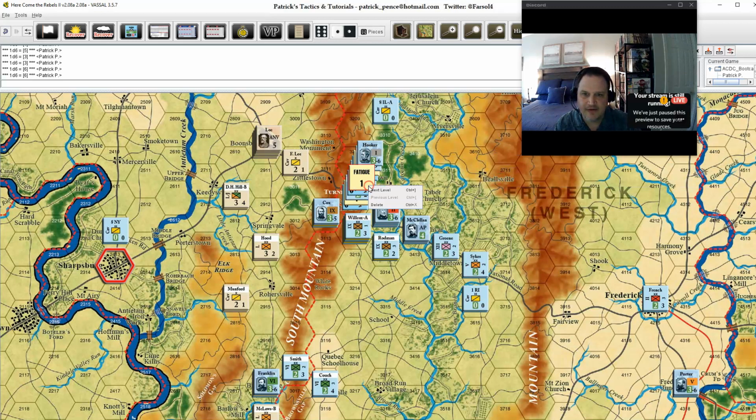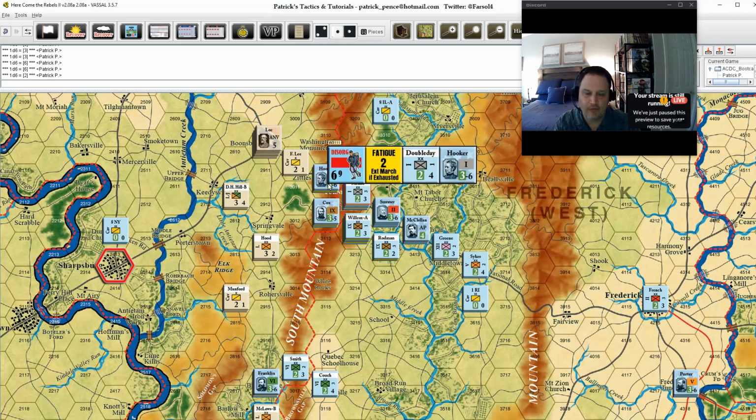So he's going to activate Doubleday for a march, sends him to fatigue level 2, and gives him a die roll modifier of +1, and he gets a 3. Not great. So he sends Doubleday down the hill, and old Joe's going to go with him, right? And we've entered the zone of control of a cavalry.